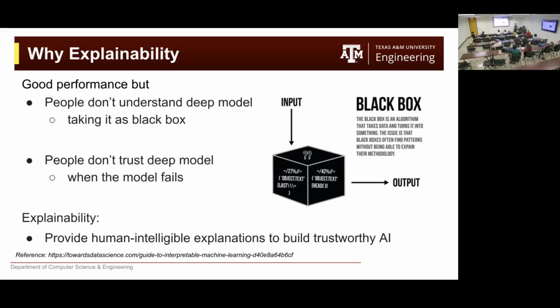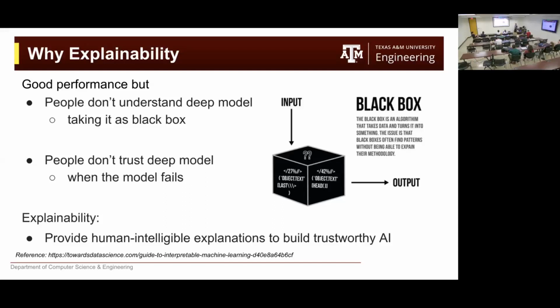When the models fail to behave as we think or make some wrong predictions, we can hardly figure it out. We don't know why the model fails, and we will doubt this model. This concern will cause problems when we employ these models.